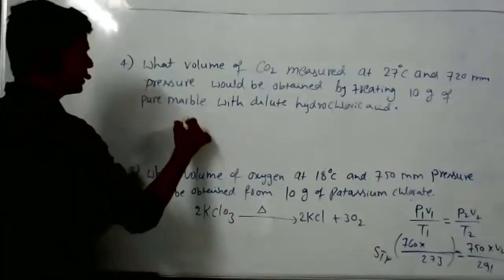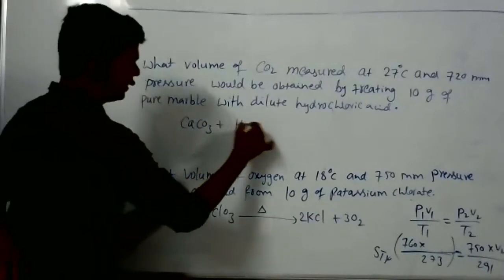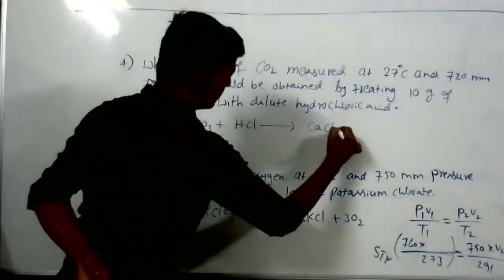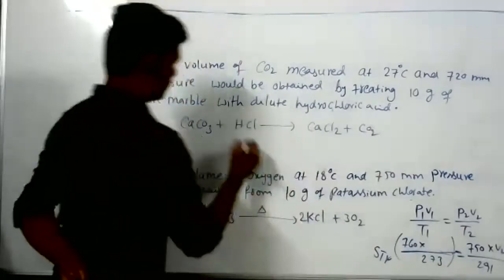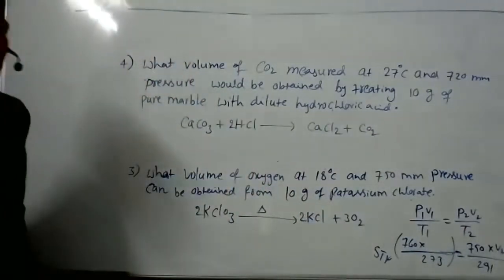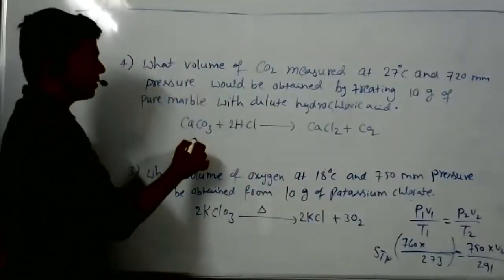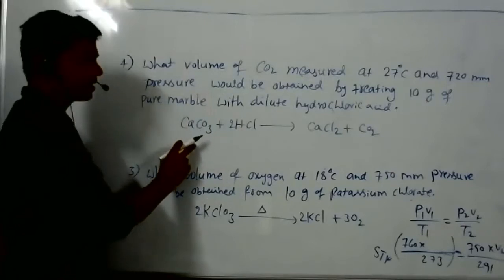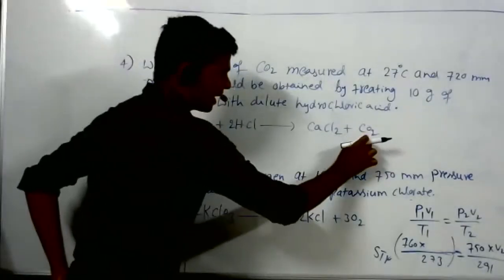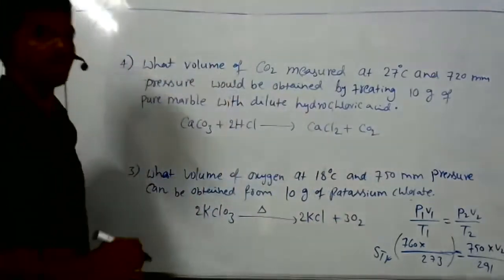See, here also the reaction is CaCO3 plus HCl gives CaCl2 plus CO2. Here the mass of CaCO3 is given, 10 grams.